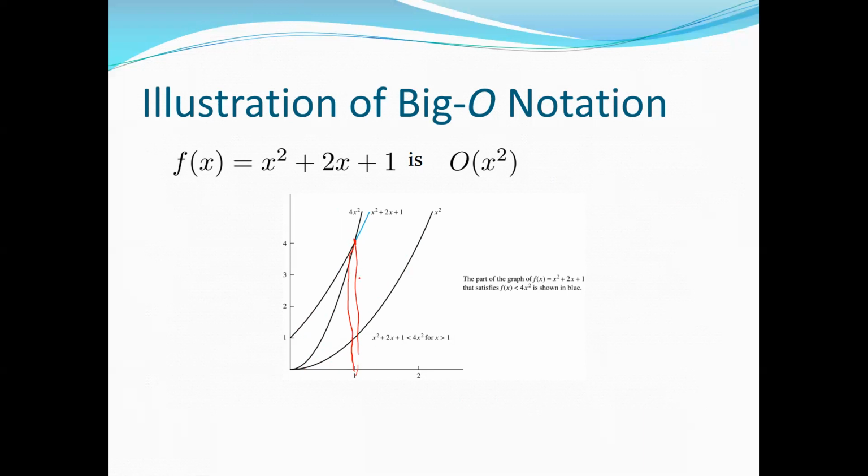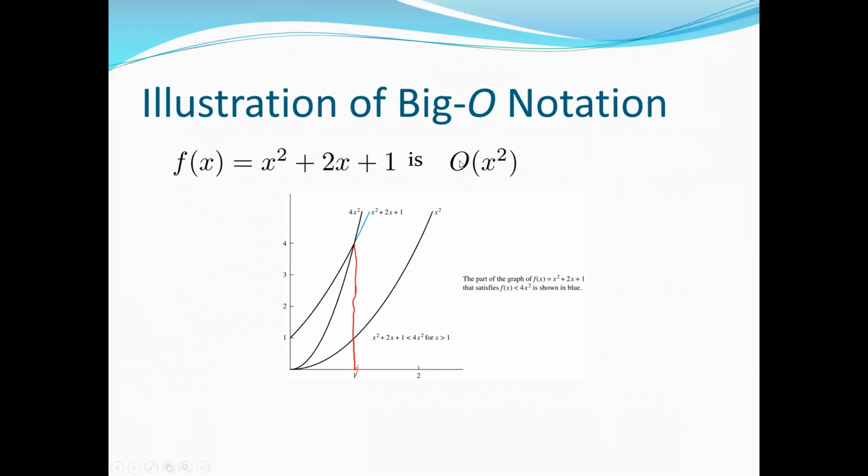Let me just erase it in order to resolve this confusion. Okay, so for the k value, when k value is 1, you can see this function is always less than this x square, that is g of x, right?